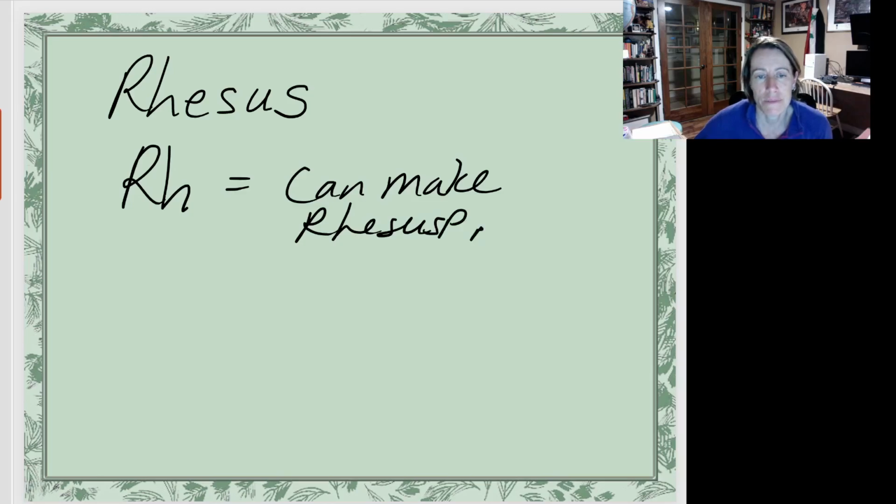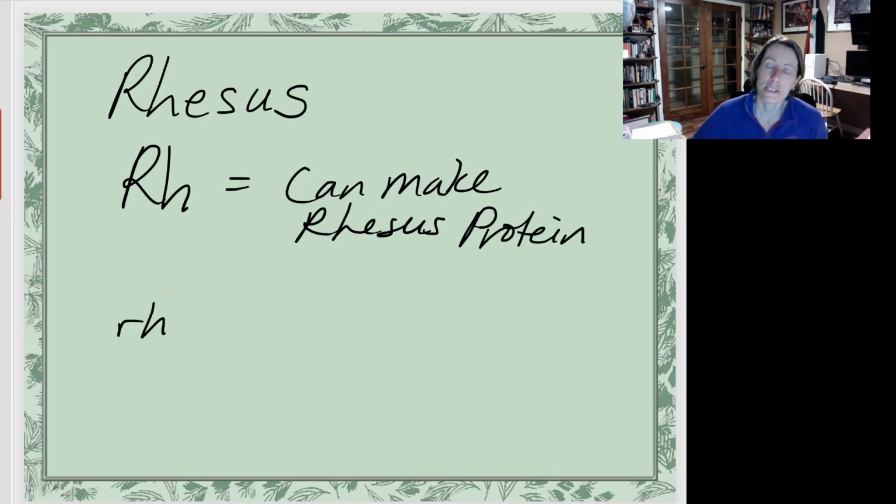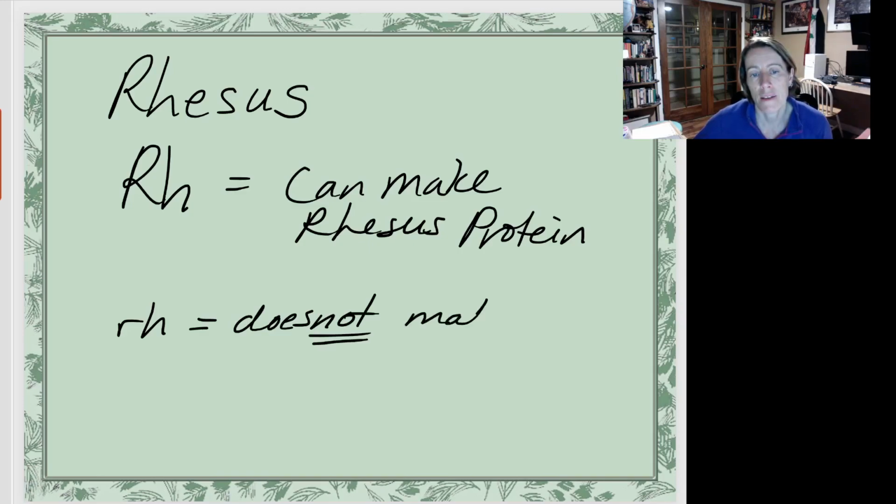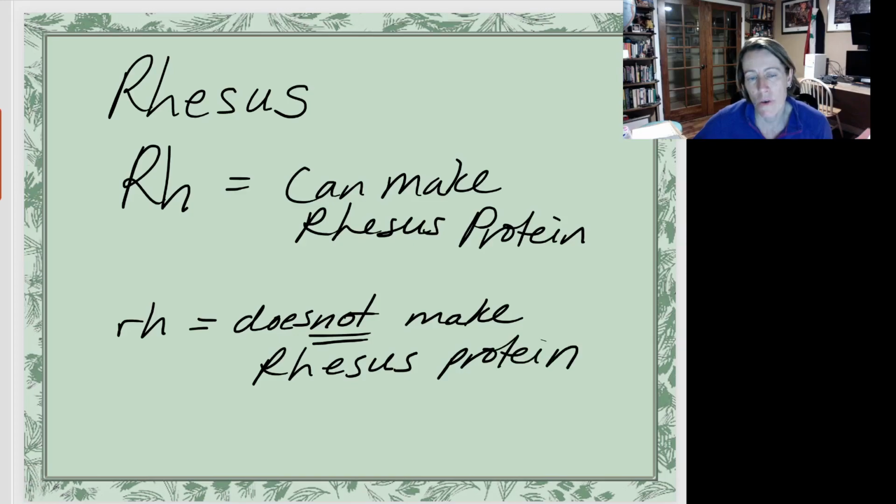And the little RH allele does not make the Rhesus protein. The dominant allele is the big RH, so being able to make the protein is dominant over not being able to make the protein.